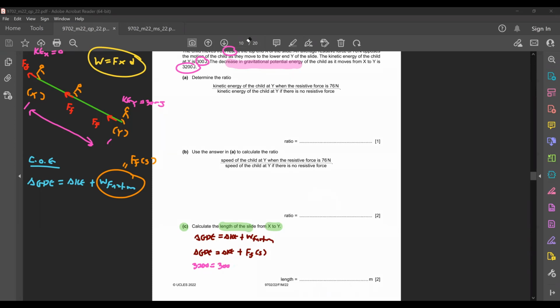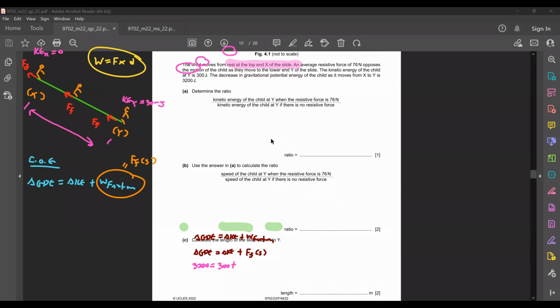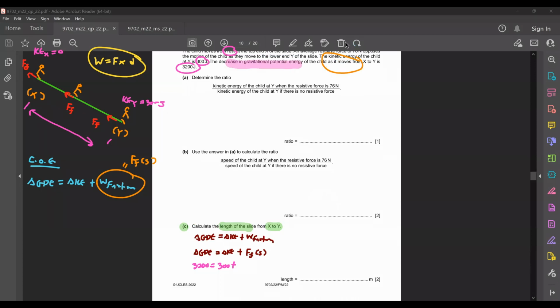Okay, and when you're talking about the frictional force here, it was mentioned to be 76 Newton somewhere. Let me just find out where it is. Yes, it's over here. The question mentioned that the average resistive force of 76 Newton opposes the motion of the child. So this one would be 76 times your distance moved.